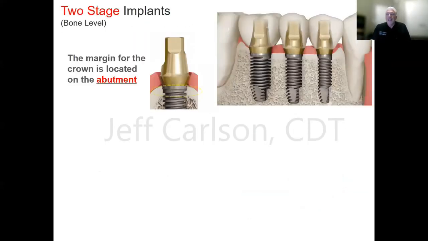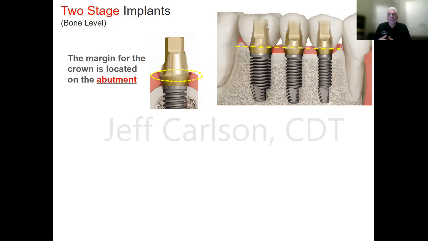Then, close to the last things I want to talk about in a recap: when it comes to implant styles, we talked about bone level and tissue level. Well, they'll have what's referred to as two-stage implants, and what that means is that the implant and the prosthetic abutment are completely separate.